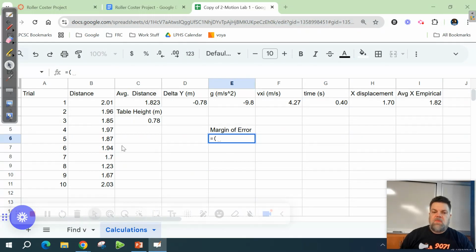So to put that in there, I'm going to start, because I have to do a fraction. The numerator is going to be the empirical minus the theoretical, and then I have to close the parentheses.